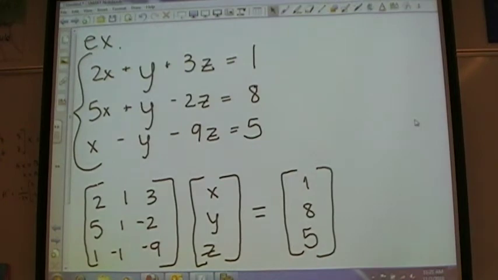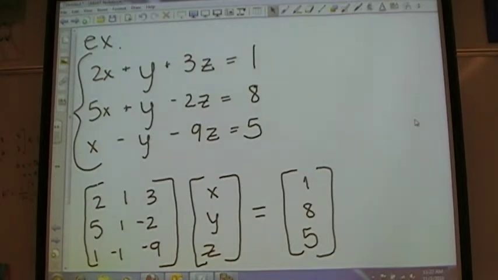Make sure you understand that before we go on. 2, 1, 3, 5, 1, negative 2, 1, negative 1, negative 9, x, y, z, 1, 8, 5. Is the variable ever going to be negative? No, the coefficient would be negative. The variable is always positive.